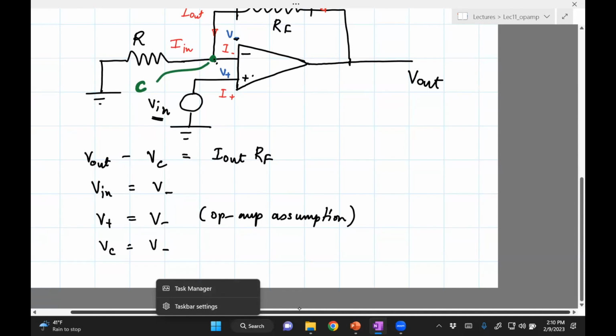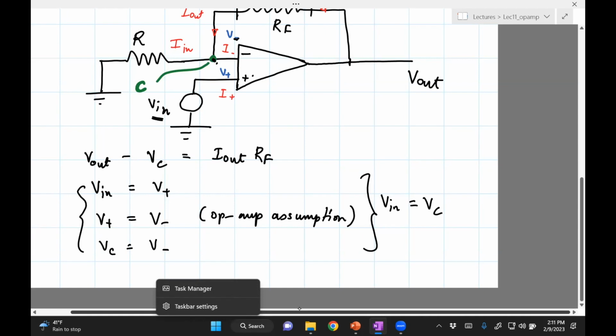So from these three things, VC is V minus, V plus is V minus, we can see that V in is nothing but VC. Yeah, but an error here. This should be V plus. V in is connected to V plus. So from all these three things, you can see that V in is VC.